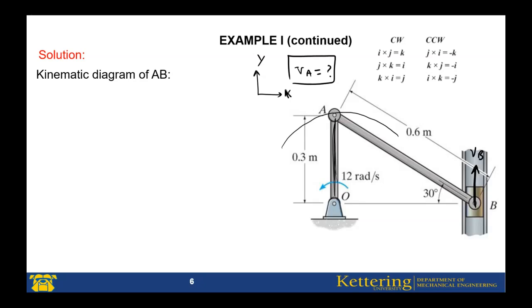Negative X direction. That's easy. When this is the path of A, at this point the velocity that is tangent to this path is in this direction. This is the direction of the velocity of A.